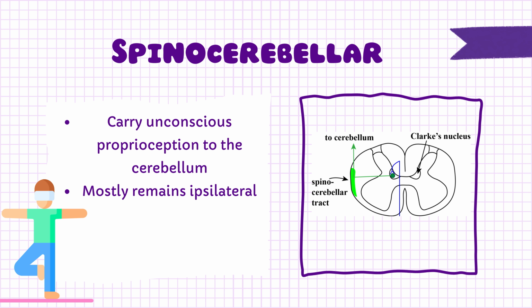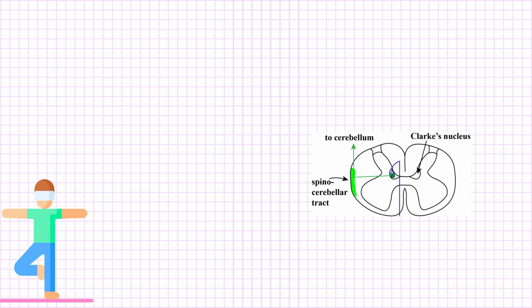Ventral spinocerebellar tract, also from the lower limbs, but it double crosses, once in the spinal cord and again in the cerebellum, so it ends up ipsilateral as well. Clinical tip. Damage to spinocerebellar tracts leads to ataxia, uncoordinated movements, without loss of conscious sensation.